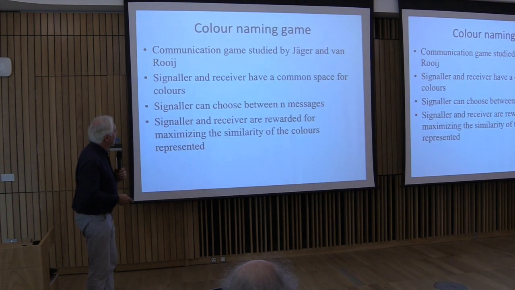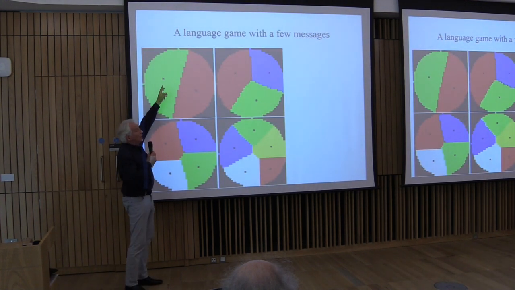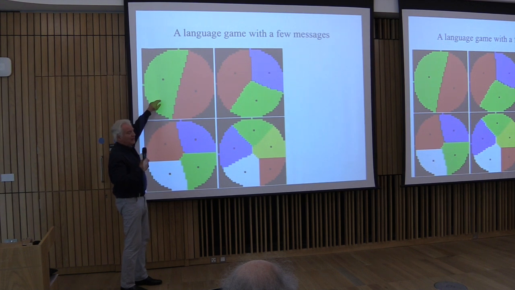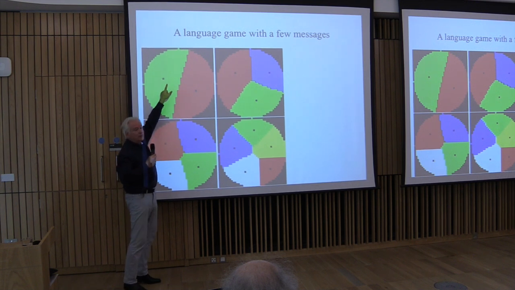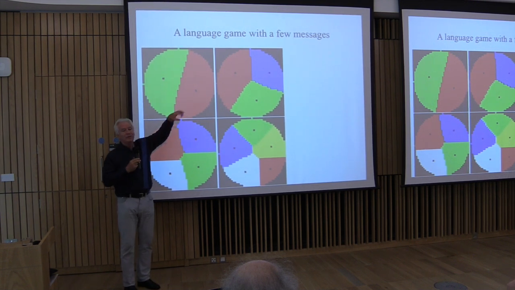If I go back to the picture here, what you see is that certain points turn out to be kind of prototypes. Whenever nature picks a color in this region, the signaler says A, and the best answer for the receiver is to point to this central point here. This central point is defined by the fact that it minimizes the average distance to all the points in the area.